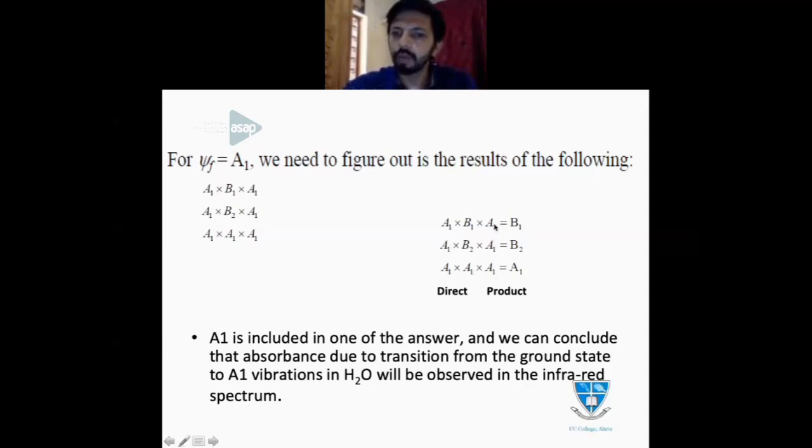So a1 into any symmetry you will get that symmetry.